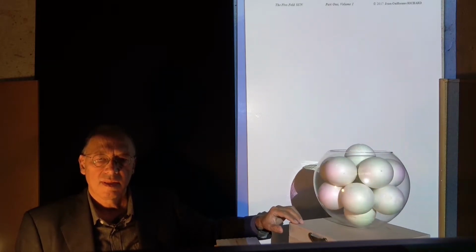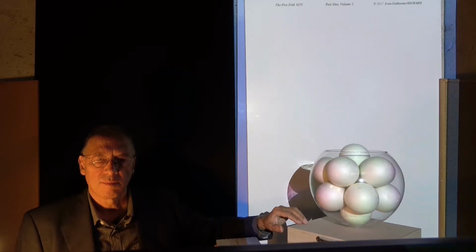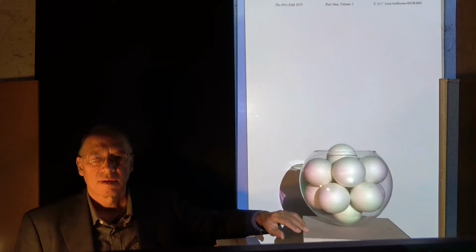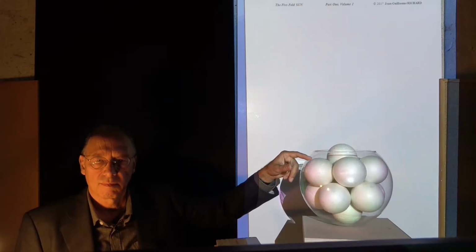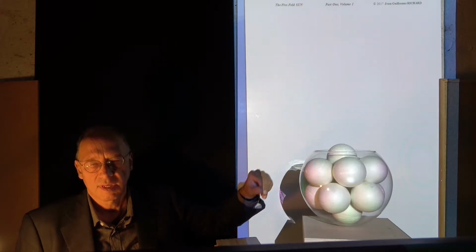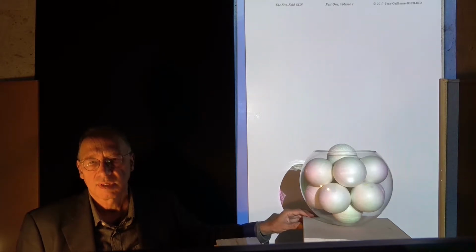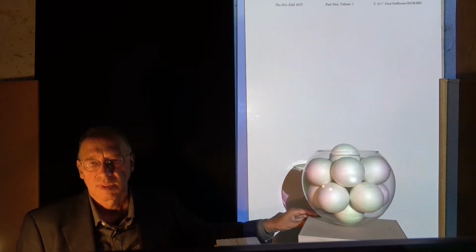And these balls are mutually tangential. For instance, this ball is tangential to each of its 5 next neighbors. And this holds for each of the balls in this arrangement.